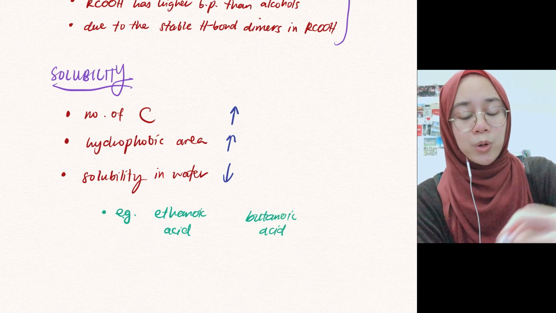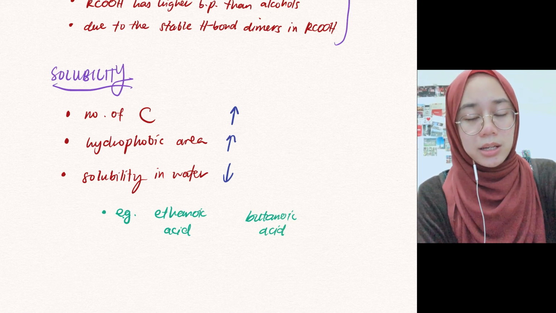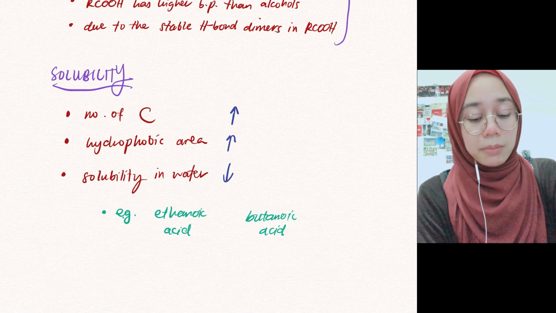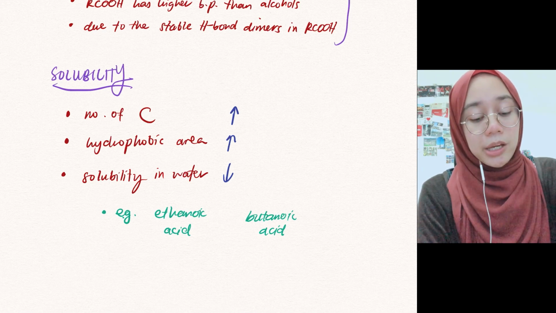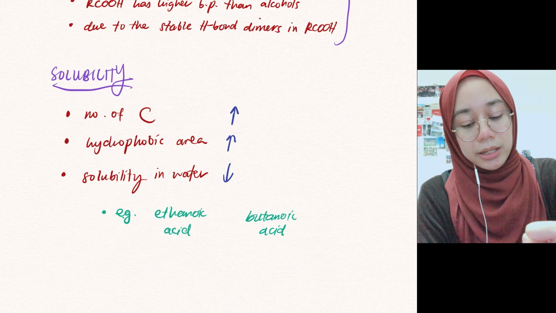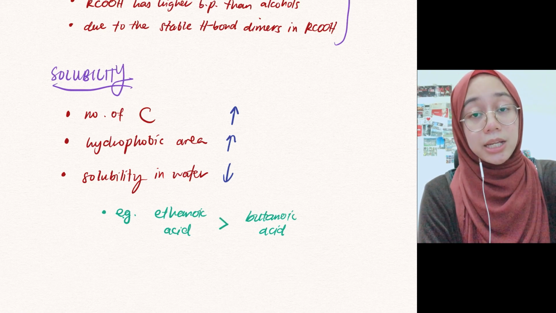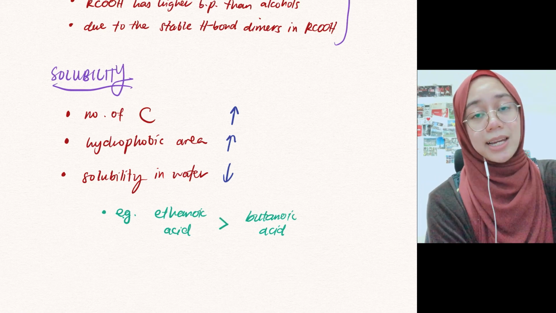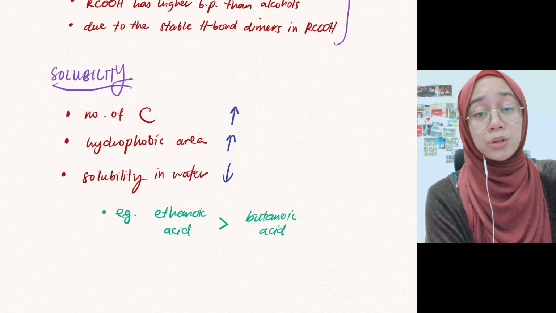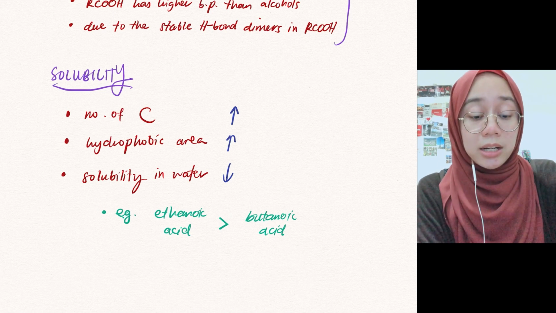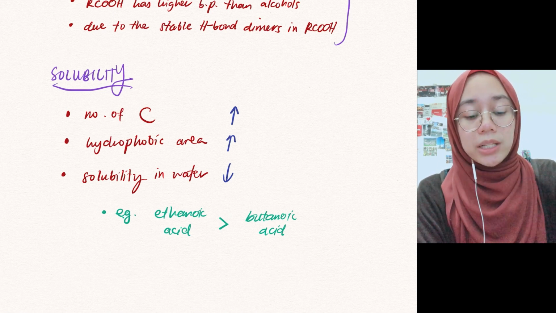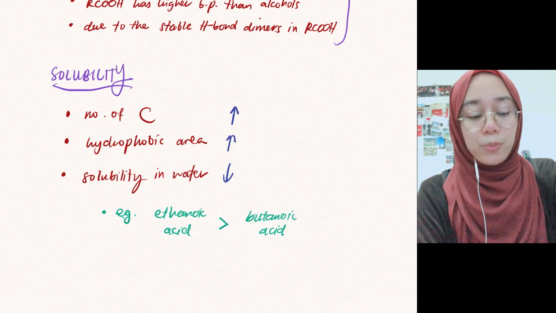Okay, walaupun sebenarnya dua-dua adalah basically soluble in water, but siapa yang lagi soluble? It will be ethanoic acid. So ethanoic acid has a higher solubility in water because it has less carbon. Less carbon bermaksud the hydrophobic area is smaller. So that's why it's more soluble in water lah compared to butanoic acid.